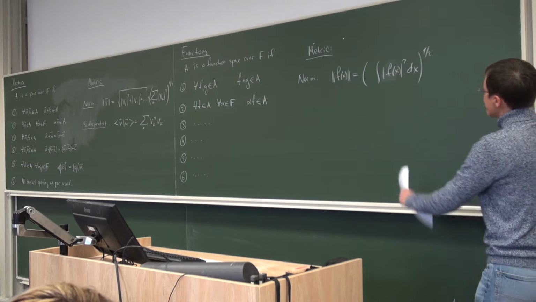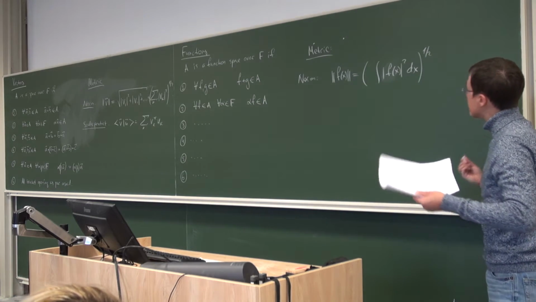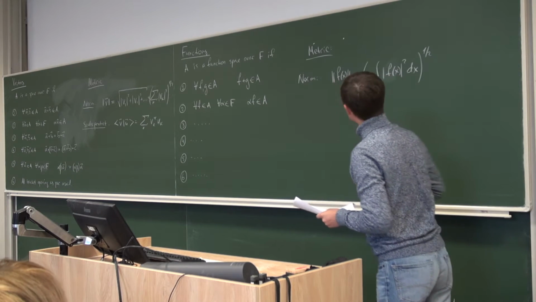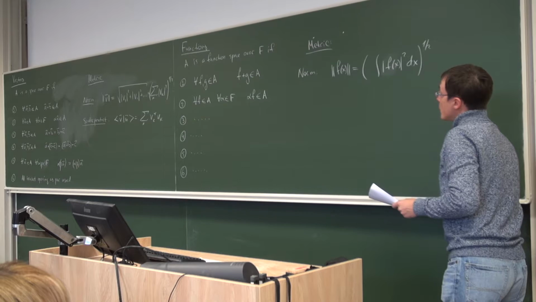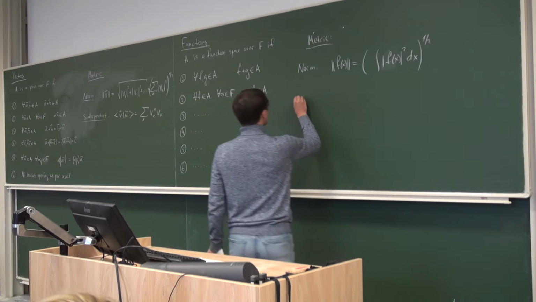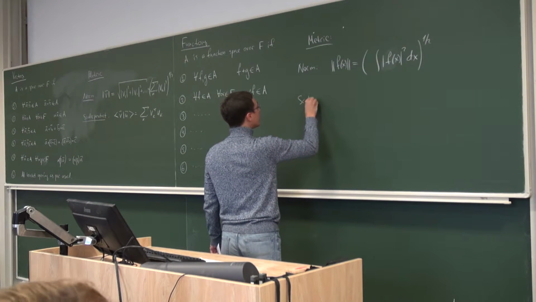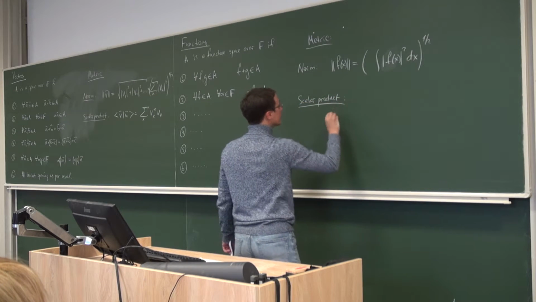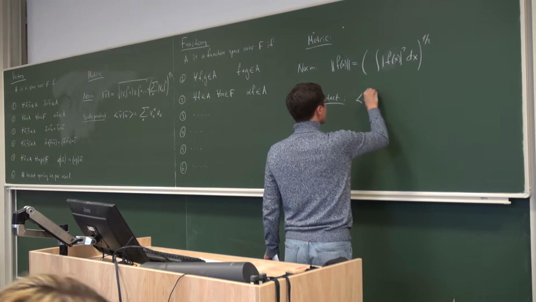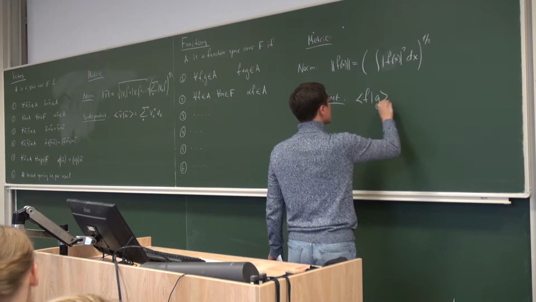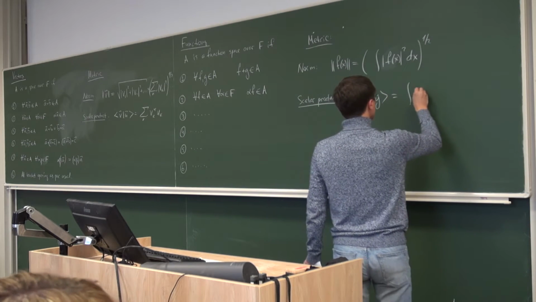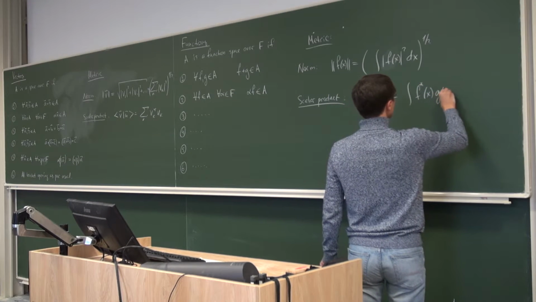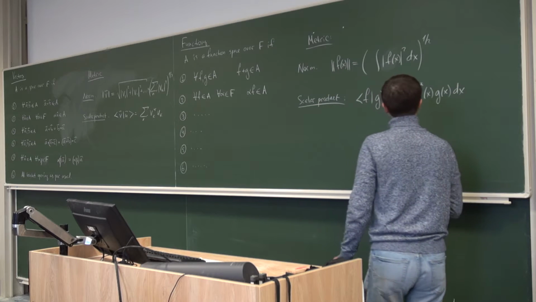If f were to take discrete values, just like a vector does, then this would have become the sum again. And the scalar product of two functions. We would have the function, and the scalar product with the function g will be an integral of f complex conjugate of x, g of x dx.